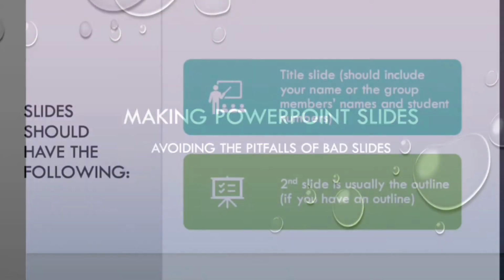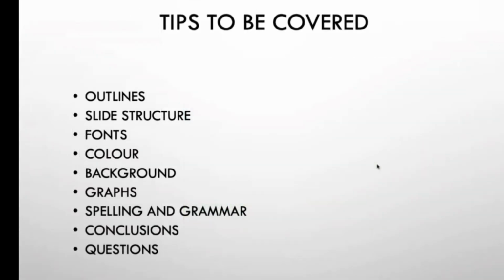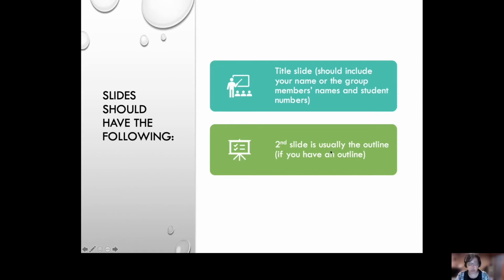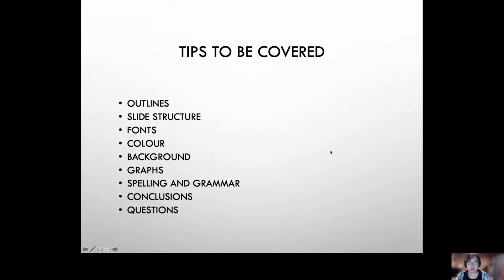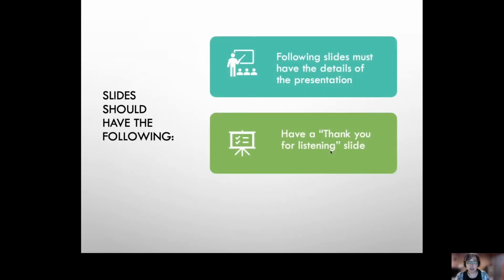You should have a title slide and write your name. Okay. The second slide is usually like this, because this is my second slide. It gives you an outline. Okay. And your slide should also have the details of your presentation and have a thank you for listening slide at the end. Now, it's not exactly a rule, but it's always nice to say thank you to your audience after they have listened to you.